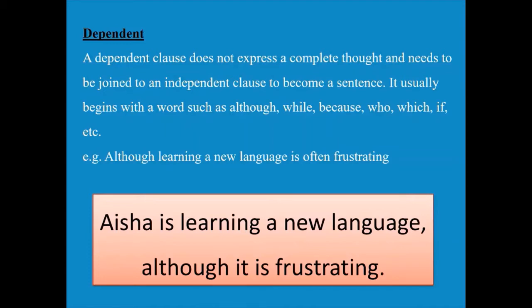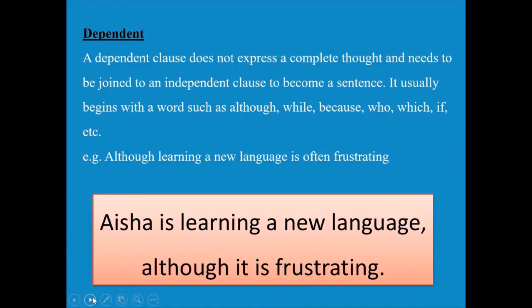Because when we read only that part, we do not get a full meaning of it. We do not understand what the word it is referring to, right? So we know that this part of the sentence is relying on the first part of the sentence to convey its full meaning.